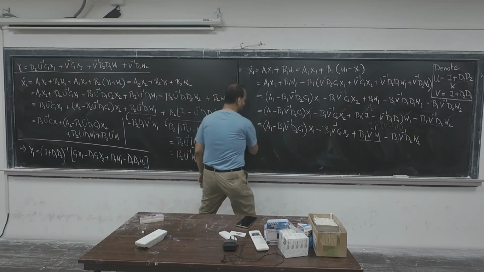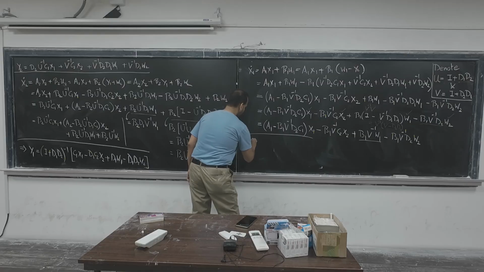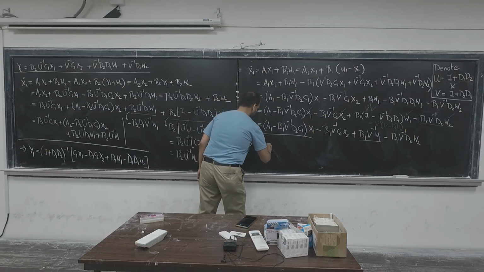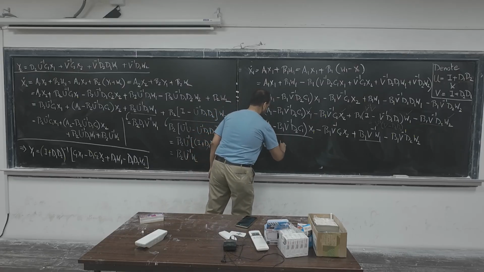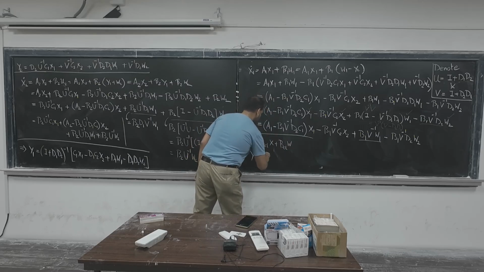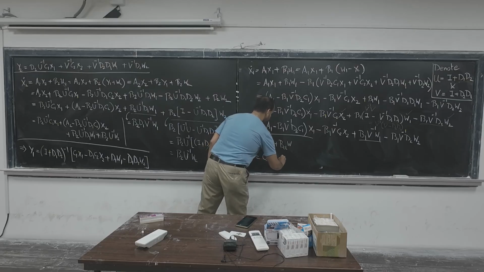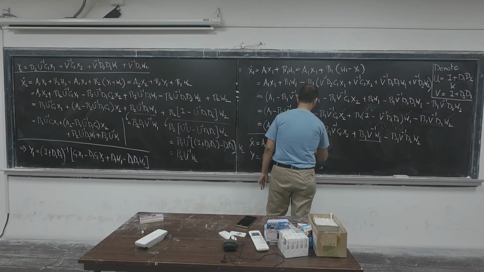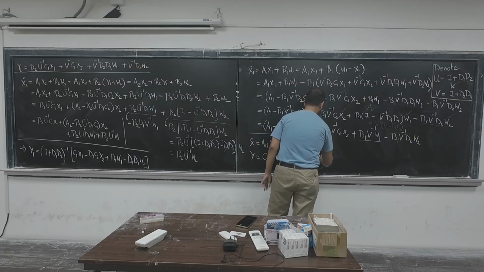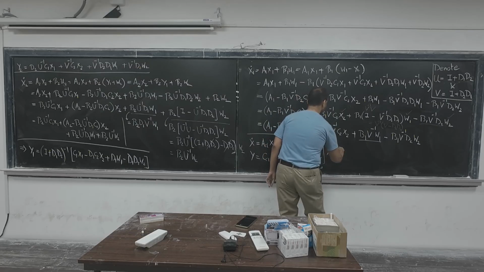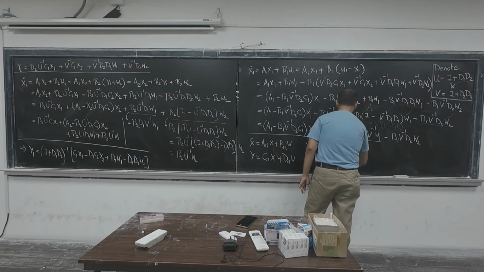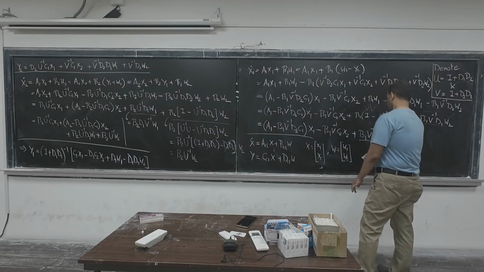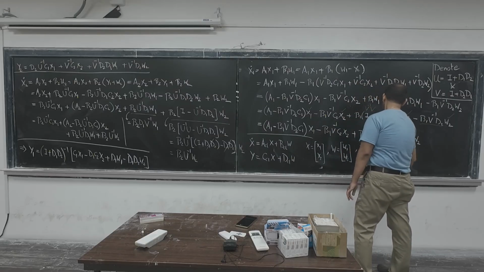So what we are looking for, capital X dot, x means x1, x2, that is ACL x plus BCL W, and then y equals to CCL x plus DCL W. So your x is the vector of x1, x2, W is the vector of W1, W2, okay? But y we have considered to be y1.